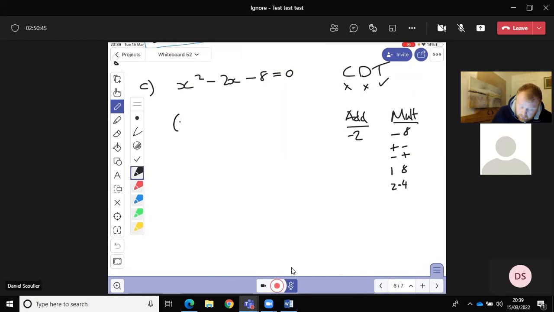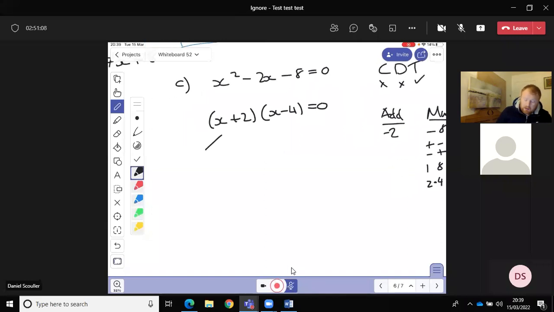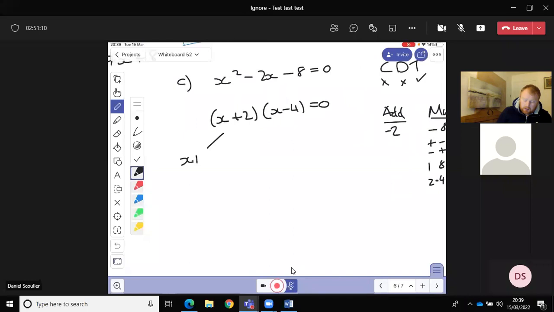Just putting that into factorized form. Okay, so nothing that we haven't done before. It's just putting in a different form of question. Okay, so that's allowed us to find two factors. In this case, that'll be x plus 2 equals 0, x is equal to negative 2, x minus 4 is equal to 0, x is equal to 4.